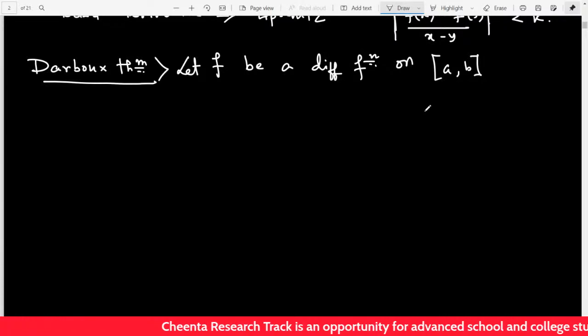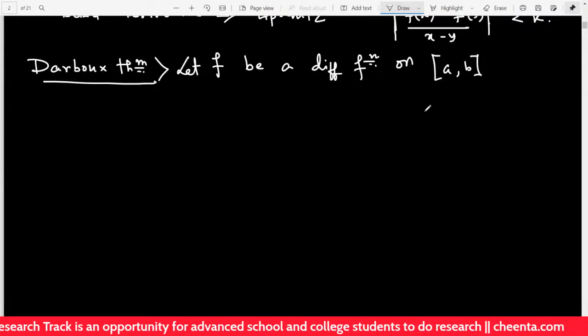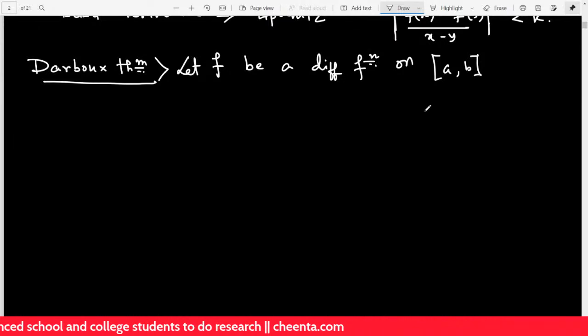Okay, so this is one of those unique theorems where you consider the differentiability in the entire closed and bounded interval.